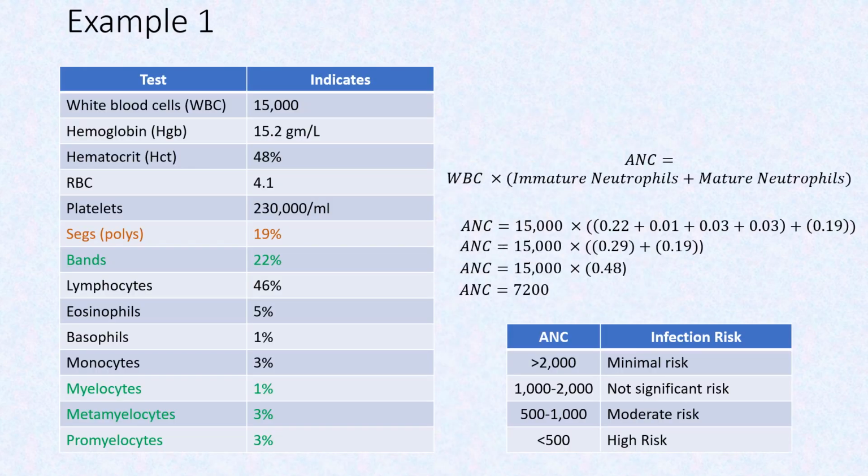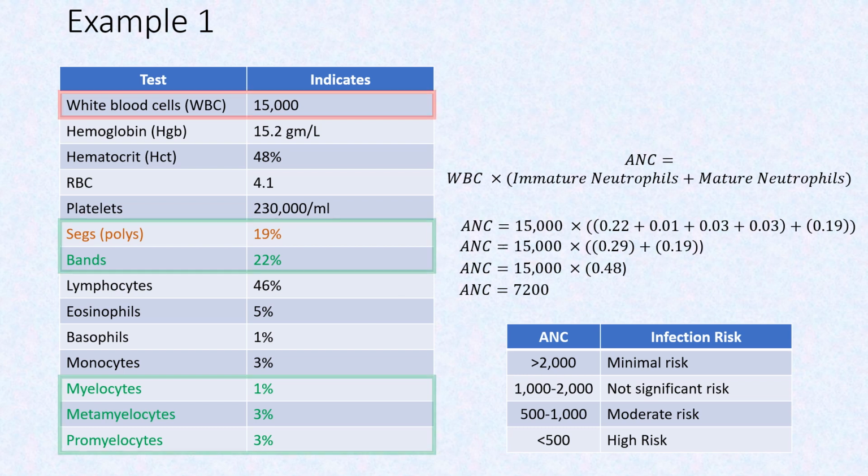The most common issue in learning how to calculate is determining which values are the mature and immature neutrophils. The CBC with differential will usually report multiple values, but for the ANC, only the neutrophils are needed. To begin, identify the neutrophils. The mature neutrophils are the segs.